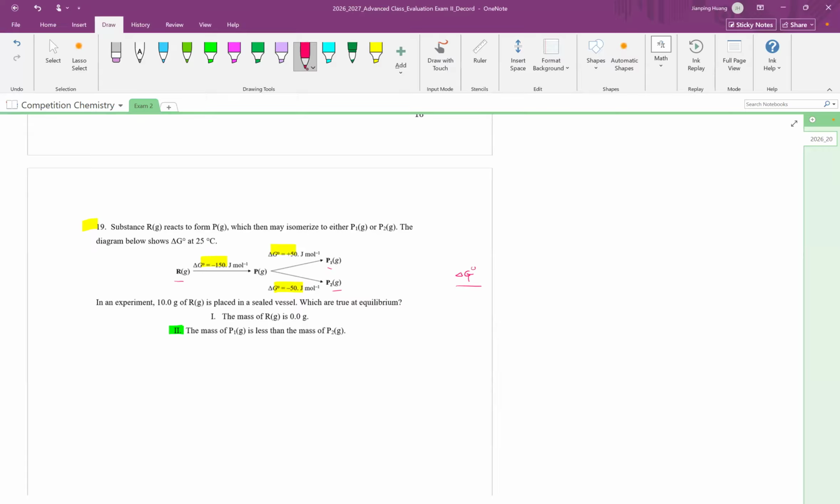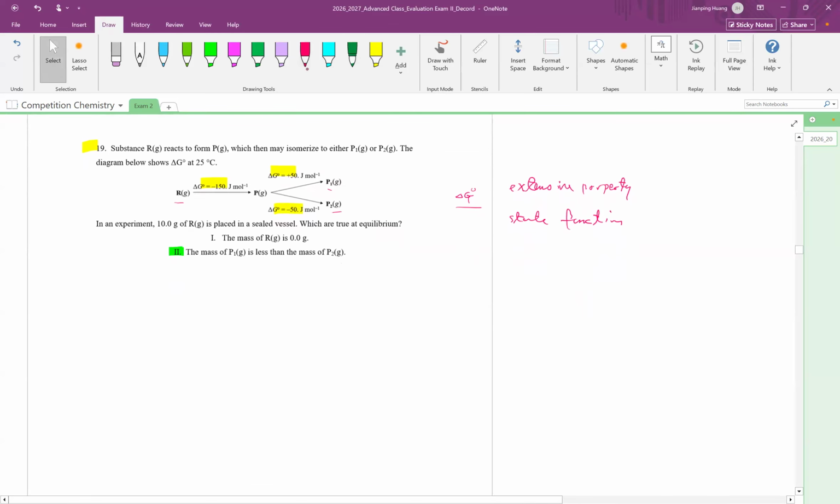Delta G is a state function, number one. Number two, it is an extensive property. You know what it means, right? Now let's do the calculation.